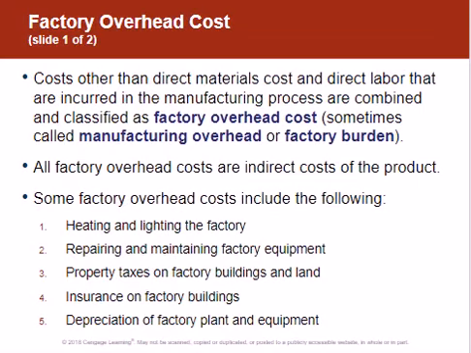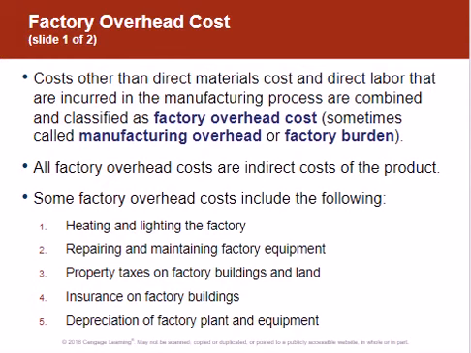Costs other than direct materials cost and direct labor that are incurred in the manufacturing process are combined and classified as factory overhead cost, sometimes called manufacturing overhead or factory burden. Factory overhead costs are indirect costs of the product.